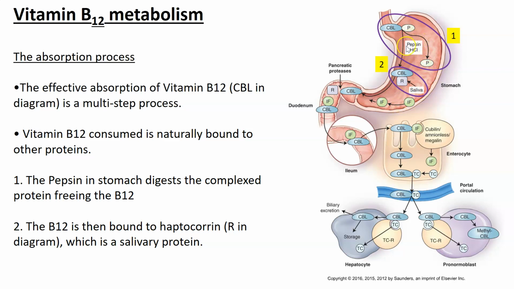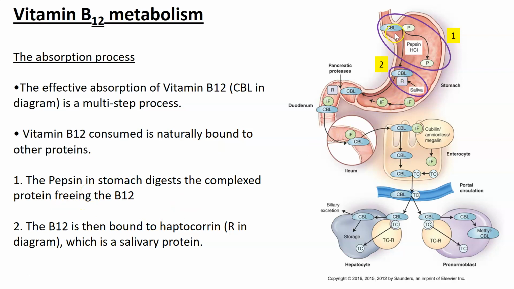It starts off as pepsinogen, but then it gets activated by the acid to become pepsin, and that pepsin breaks the bond holding vitamin B12 with the other molecules. So pepsin breaks up this molecule here to release the free vitamin B12. I'm saying vitamin B12, but it's abbreviated as CBL here, cobalamin. It means the same thing.